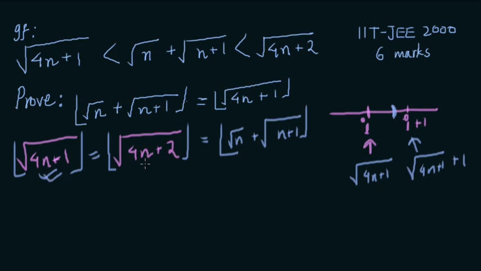In the second case, similarly, we can assume that root over 4n plus 2 is an integer. Let me draw it one more time. So here is our root over 4n plus 2. If we see now, root over 4n plus 1 will lie somewhere here, right?